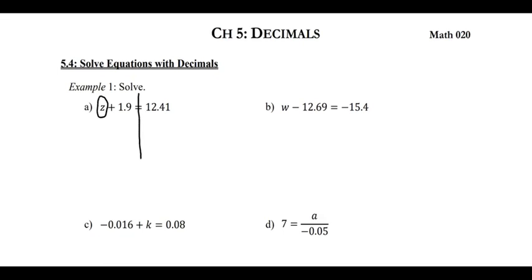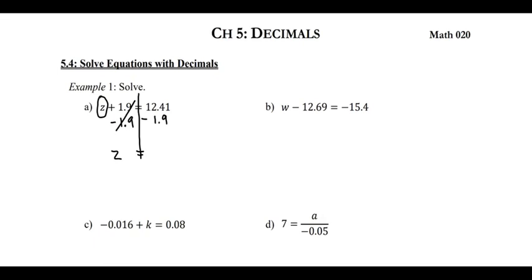I am going to isolate this variable z. So I have z plus 1.9 equals 12.41. That's my first problem. I need to have z by itself. Right now, I am adding 1.9 to it, so I'm going to do the opposite: subtract 1.9 from both sides. 1.9 minus 1.9 gets me 0, so all I have on the left side is the variable by itself, z.